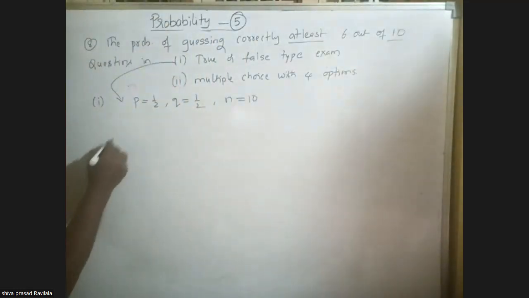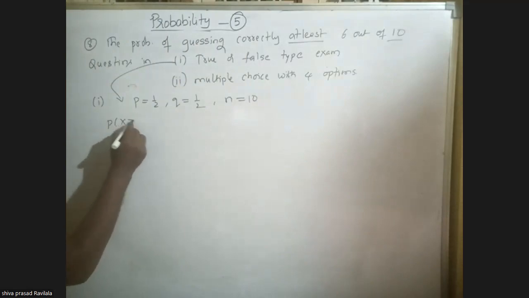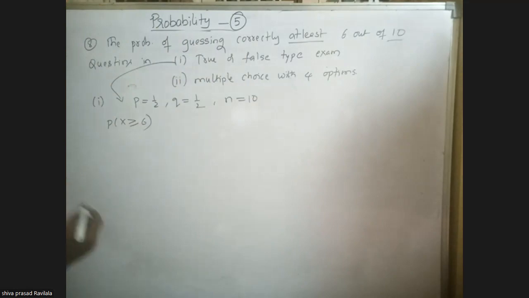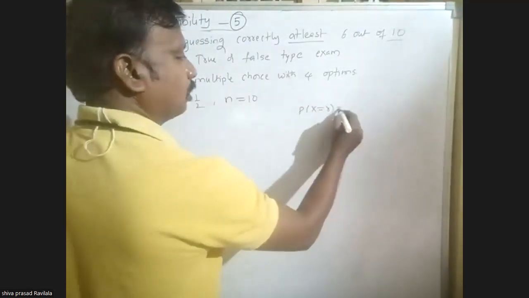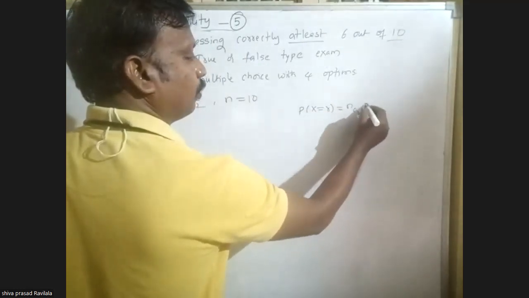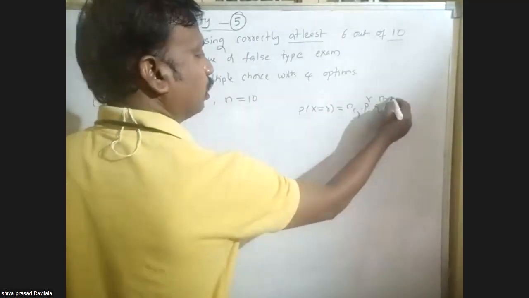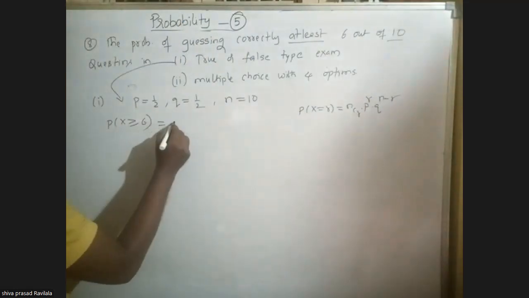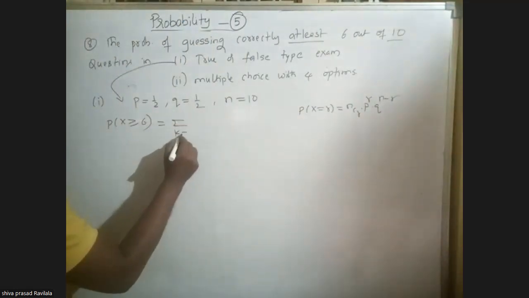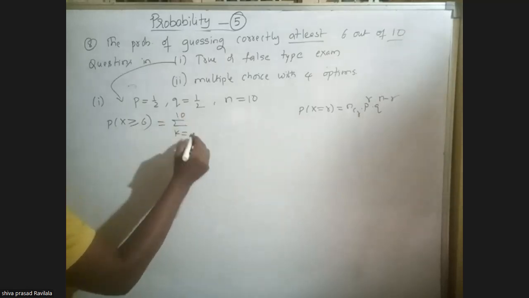Then we have to find probability of X greater than or equal to 6 using the formula probability of X equal to r is nCr into p power r into q power n minus r. Greater than or equal to 6 begins with summation k equal to 6 to 10.